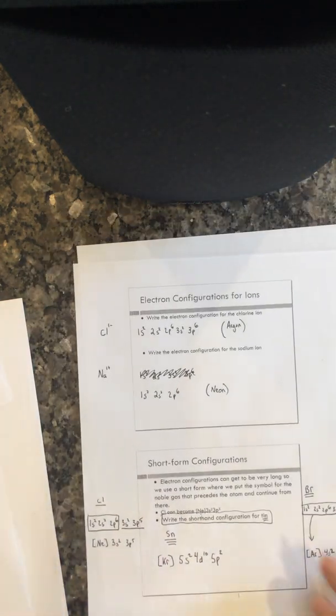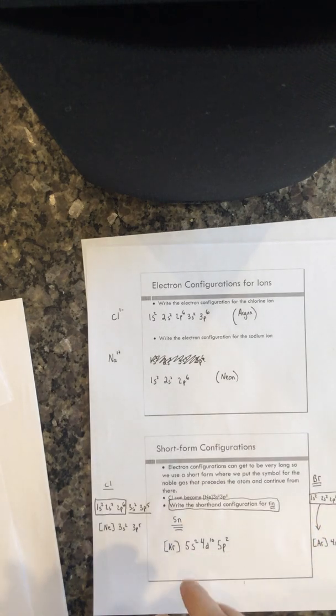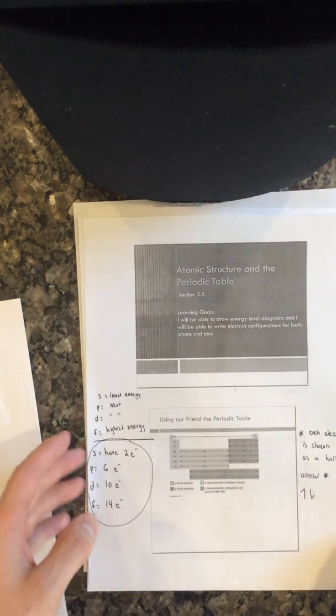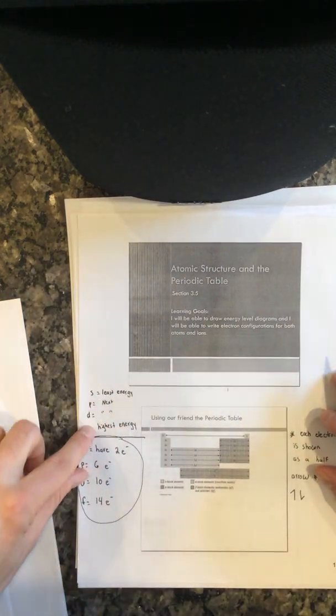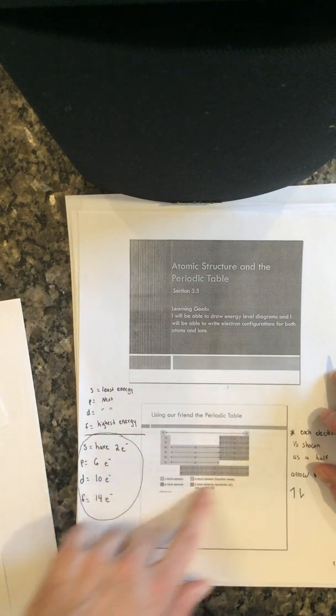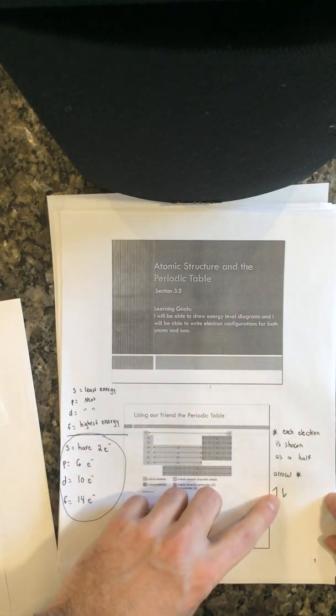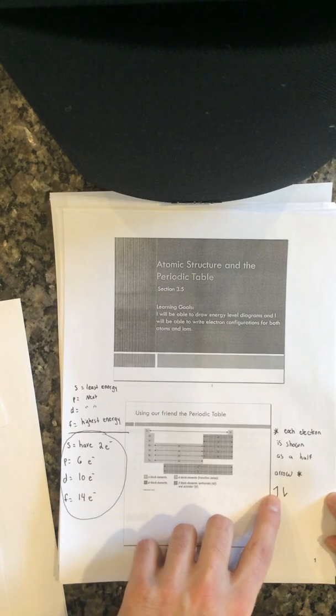What you want to make sure that you can do from this lesson, and I'll just go through it real quick so that we're all on the same page, is that you know the different letters, how many you have, and what they look like. When we draw our arrows, they look like that, opposite spins.